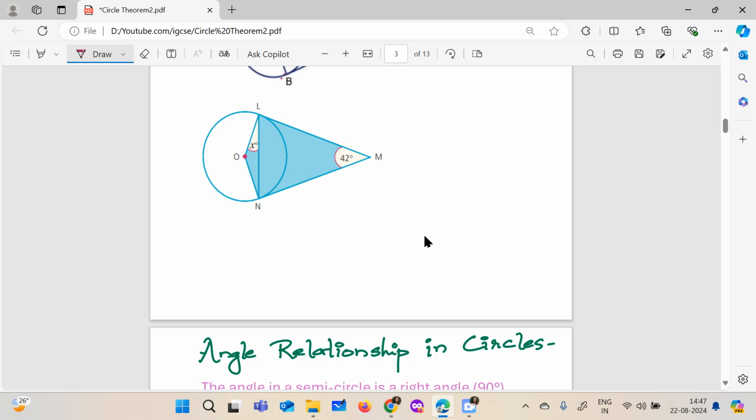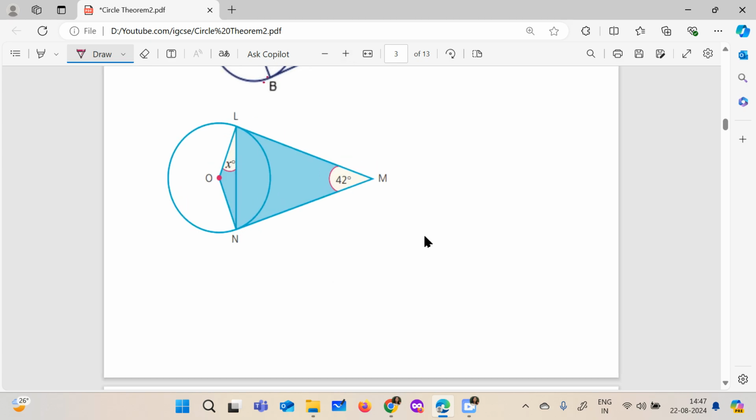You can see here, this is a circle with center O, and this is a point outside the circle which measures 42 degrees, and then you have to find the value of x, right? So to find the value of x, there are a few things which we know.